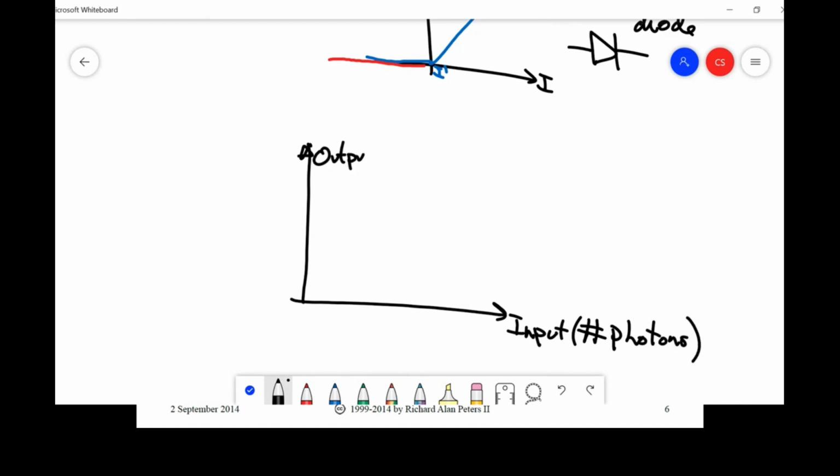This, for instance in a camera, will be some voltage in some transistors, and in our eye it is the firing rate of the neurons.